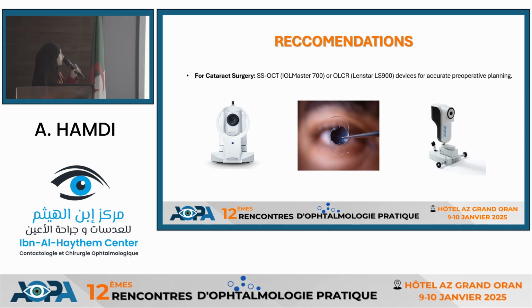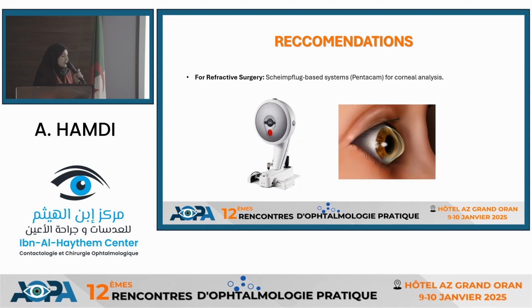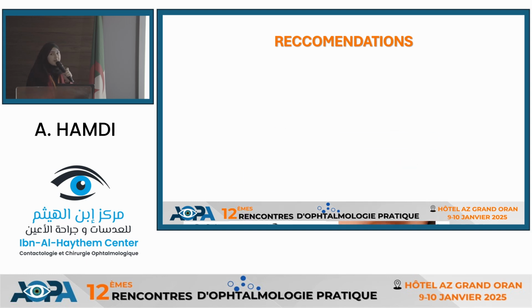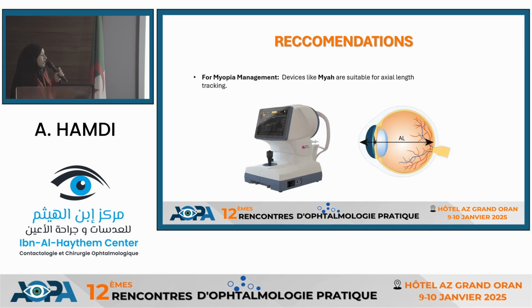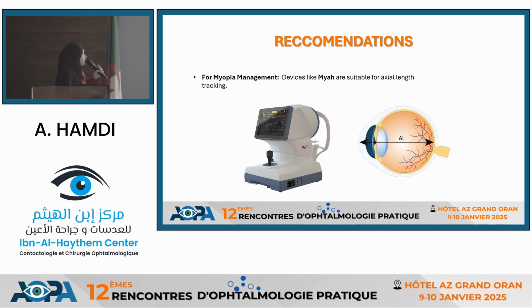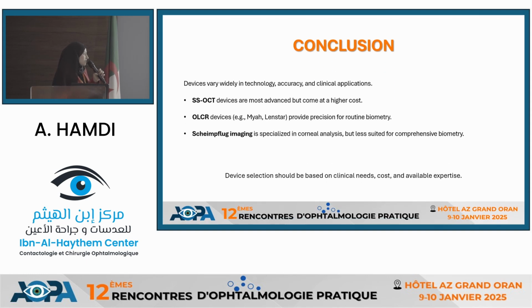Devices that have Scheimpflug-based systems are very good for refractive surgeries, and devices like the MIA, for example, are very good for axial length tracking if you see a lot of kids with myopia. So your device selection should be based on your clinical needs, your budget, and the available expertise in your clinic. Thank you.